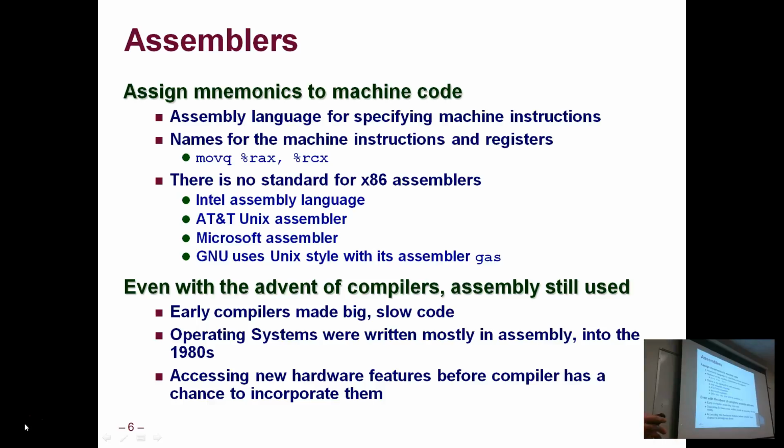All right. So even with the advent of compilers, this is actually difficult to program. You don't really want to be managing registers and memory directly, accessing the memory locations and registers directly. But hand-coded assembly is still used, because first of all, compilers can make suboptimal code.